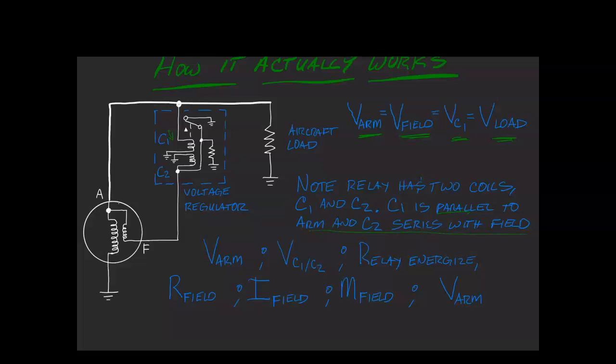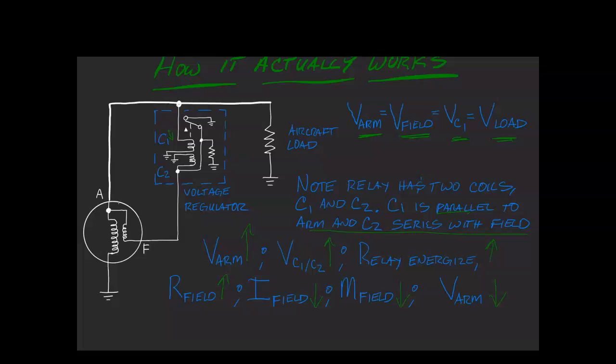That's really what happens. When the voltage on the armature increases, the voltage here on C1 will decrease, the relay energizes, this resistance goes up, current goes down, the magnetic field goes down, the voltage of the armature goes down.